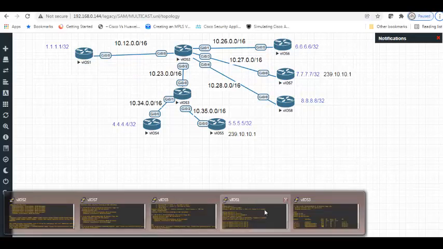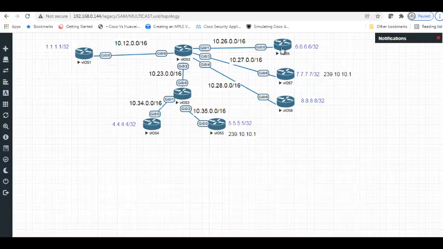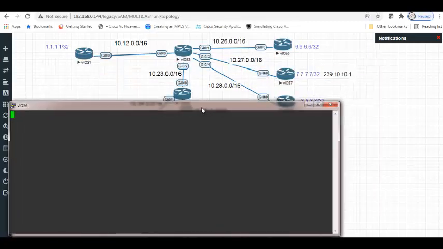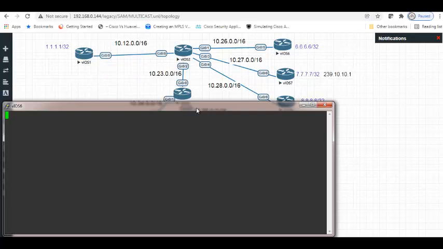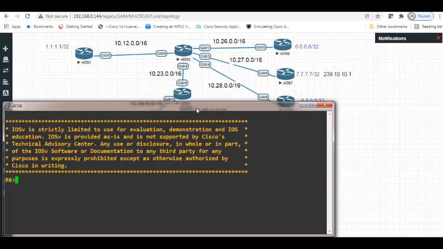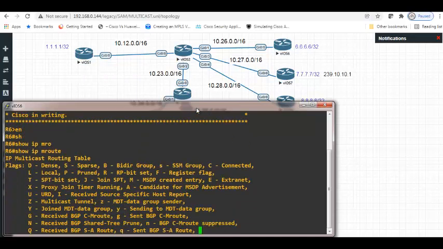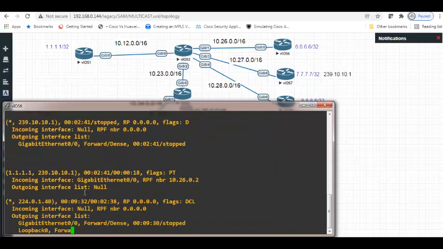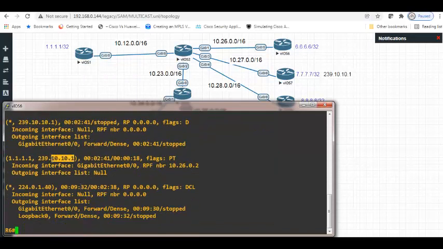Even router 6, if you go to router 6 and check the multicast routing table, show ip mroute, even router 6 knows about this S,G, this source and this group. What is the use of it? No use.